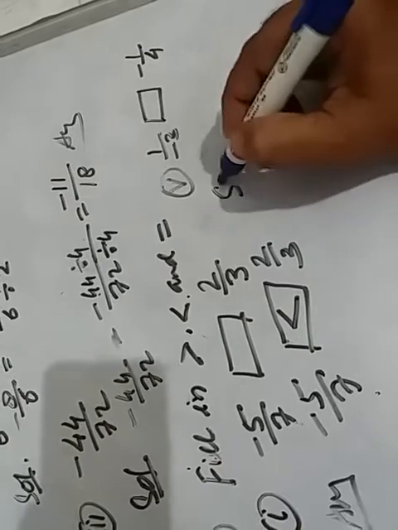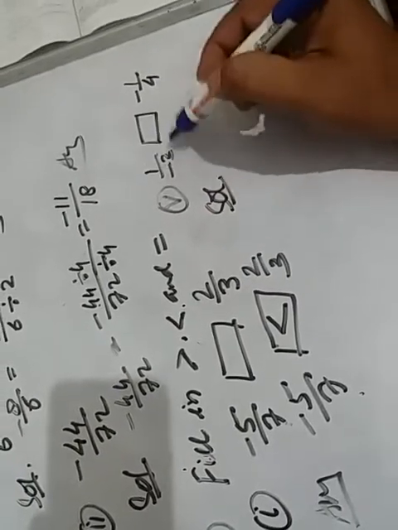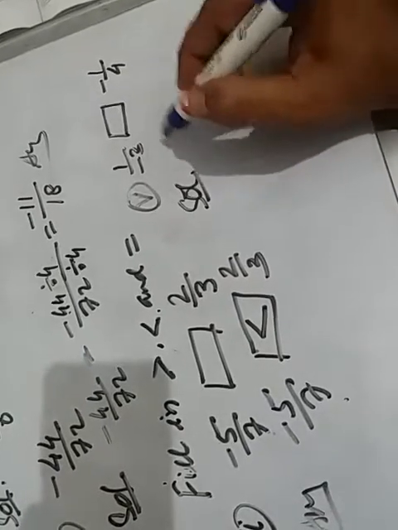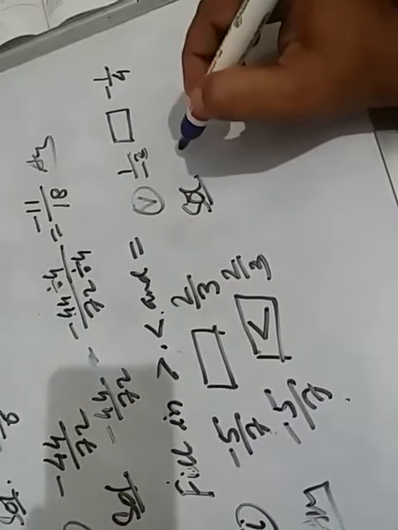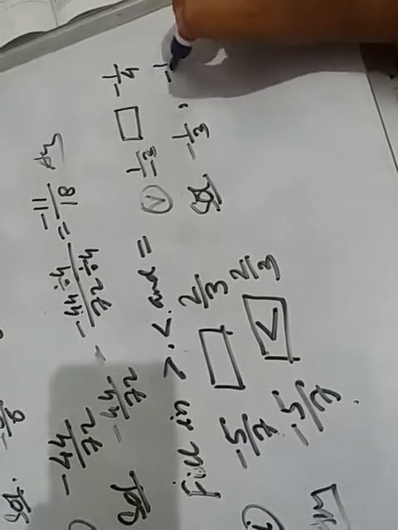Here you have to solve it, though we can find it, but what is the proper method? 1 upon minus 3 or minus 1 upon 3, both are the same, and this is minus 1 upon 4.